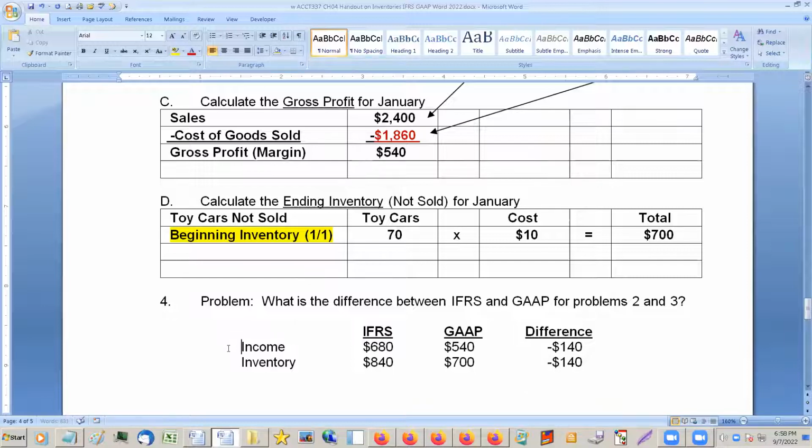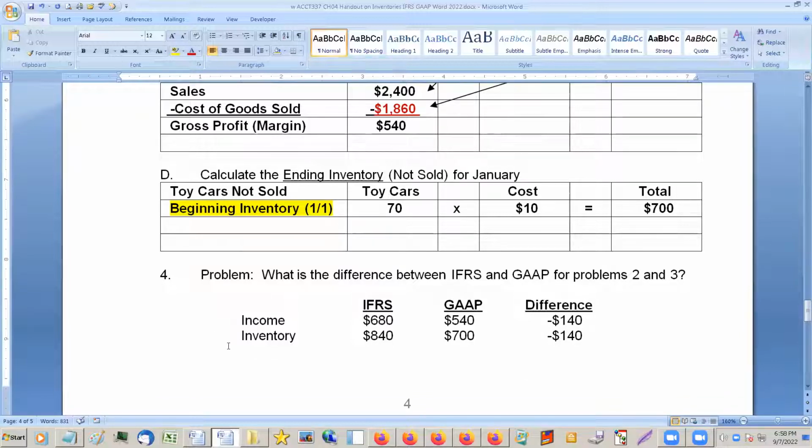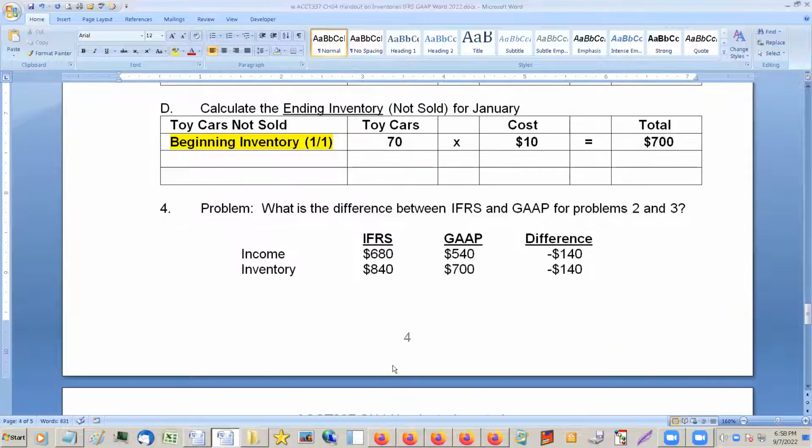So we'd add less income and less inventory under the GAAP method. Question on that?